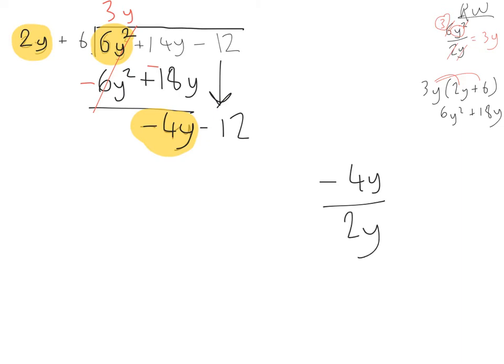And we think, what will divide into minus 4 that will also divide into 2? Well, 2 will divide into both of them. Minus 4 divided by 2 is minus 2. And 2 divided by 2 just cancels. And y divided by y cancels. So we're left with minus 2. So minus 2 goes on top of our bus stop.